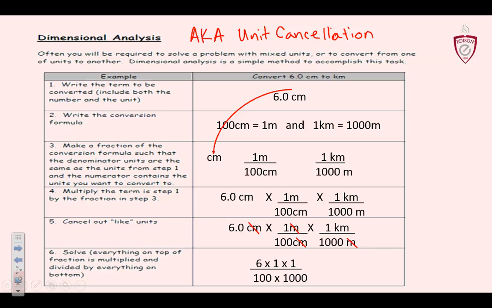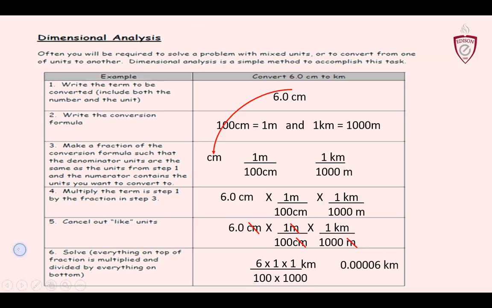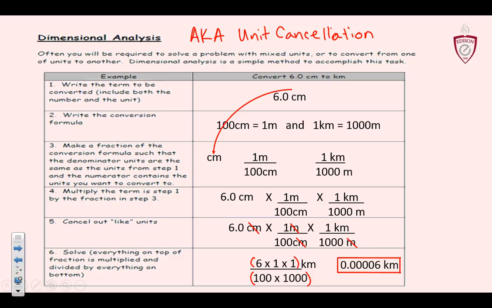If you're using a calculator, like a graphing calculator, use your parentheses, because otherwise the calculator will calculate it improperly. When we get a final answer here, the units are in kilometers, because it's the only units that were not canceled out. And our answer is 6 100,000ths of a kilometer. Put a box around it because we always like to see that in our results. Nice box around our answers.